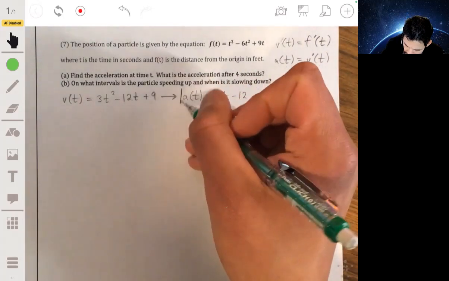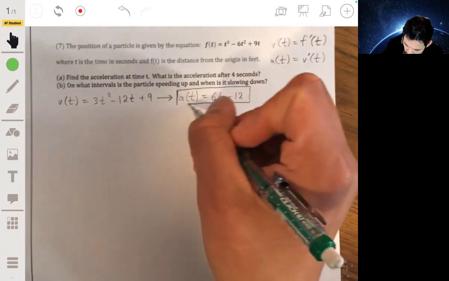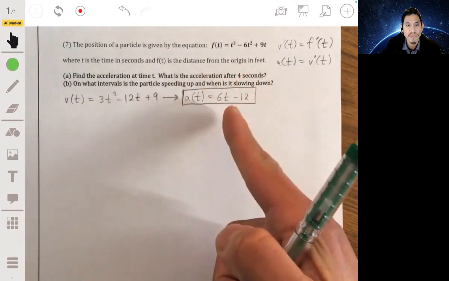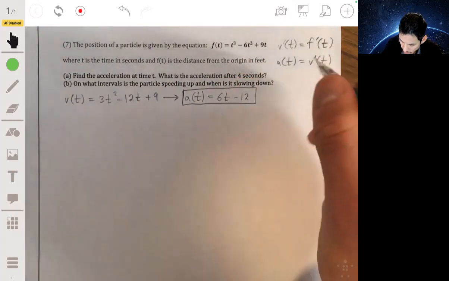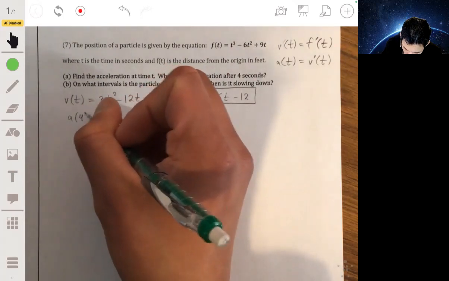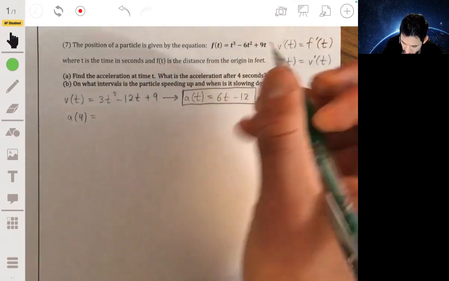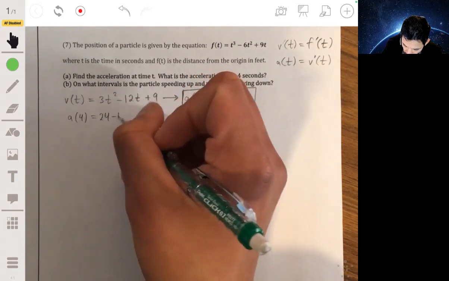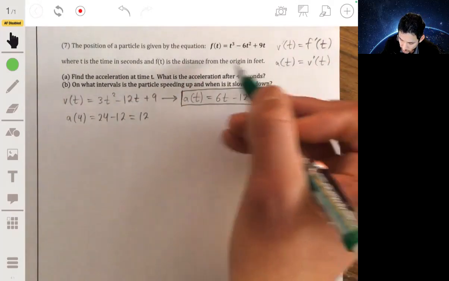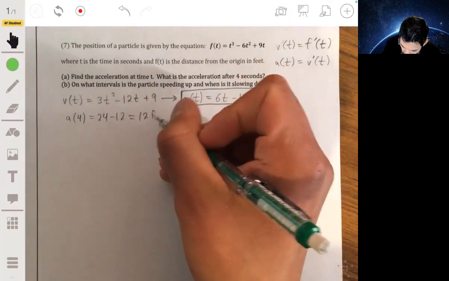So that's our equation in general for a of t. So the acceleration at 4 seconds will be a of 4, which is simply 6 times 4, 24 minus 12, or 12 feet per second squared.